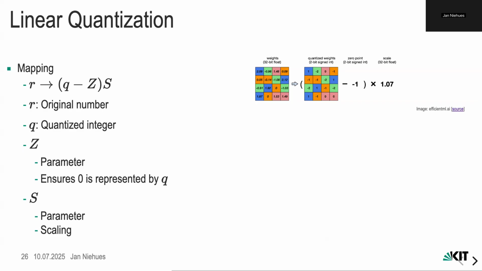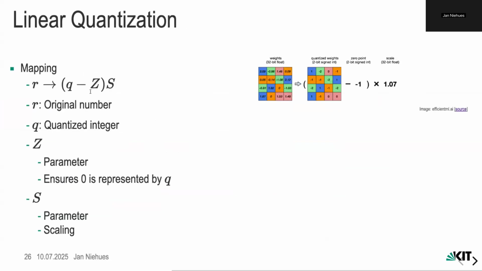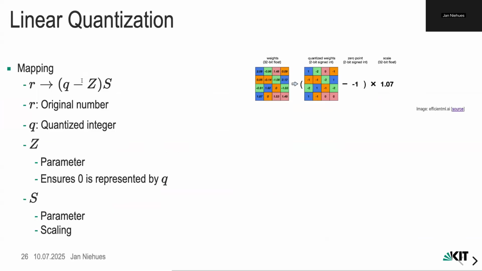Yes. Can you explain again how you got to the quantized weights on the slide before? Like how did you get from 2.09 to 1? Okay. I mean, you're again searching for the nearest value here, so you have to do rounding. What you see here is the formula you'll have seen. So the right side is the quantized minus Z times S. And if you now want to get the quantized, you can reformulate that.